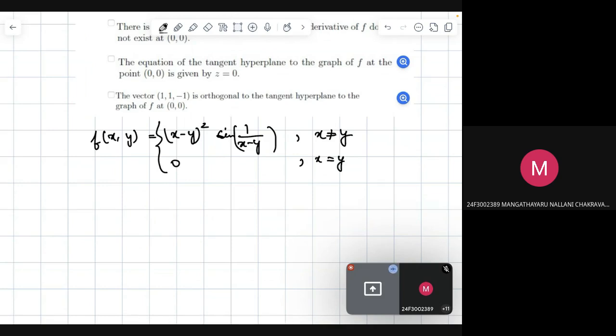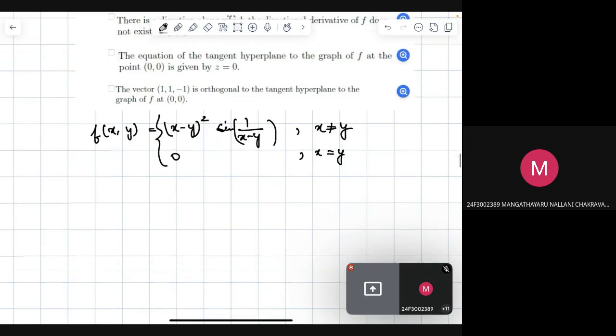Say take x minus y is equal to h, right? So why did we do that? What did we want to do? For putting the value in the formula for continuity, we have to take the limit for a small change, right?